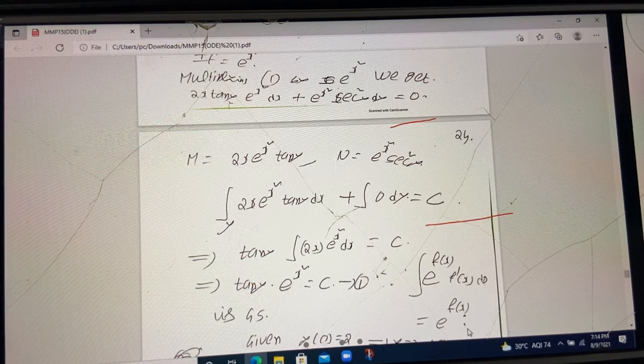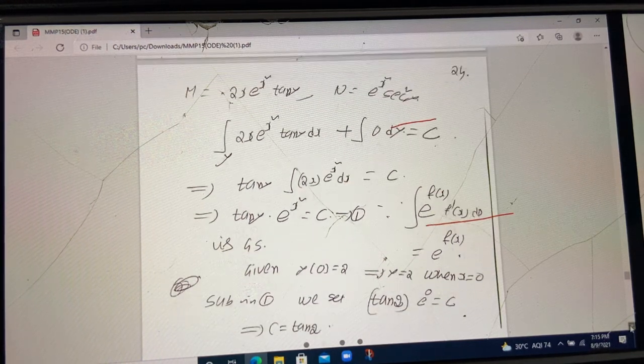You can remember this as a formula. If the derivative of the power of e is the adjacent factor, then the integral will be simply e^(f(x)). So tan y times e^(x²) is equal to constant. This is the required general solution.